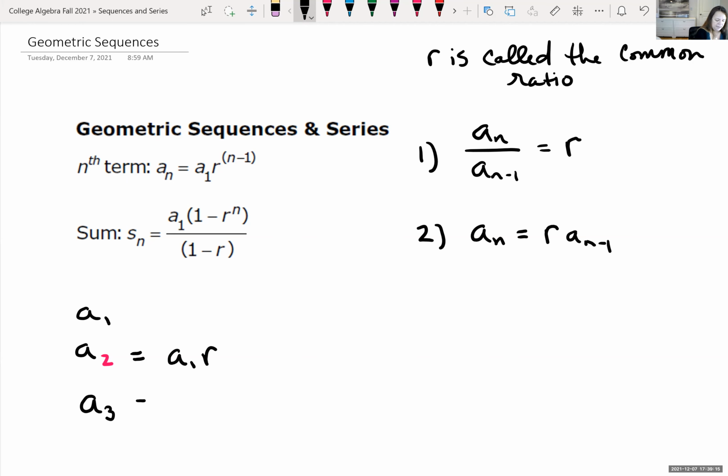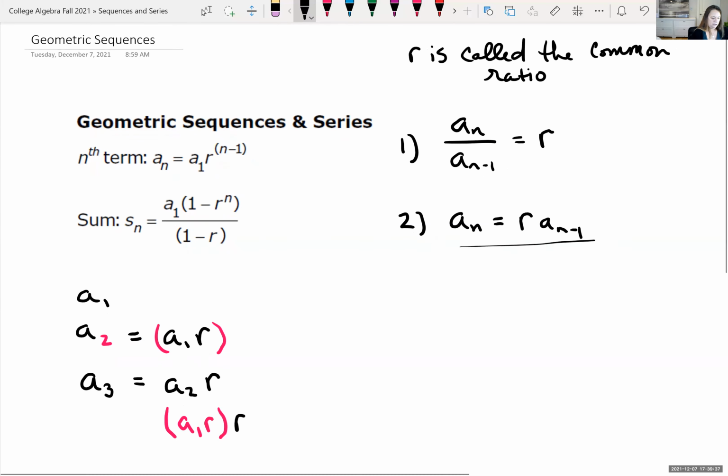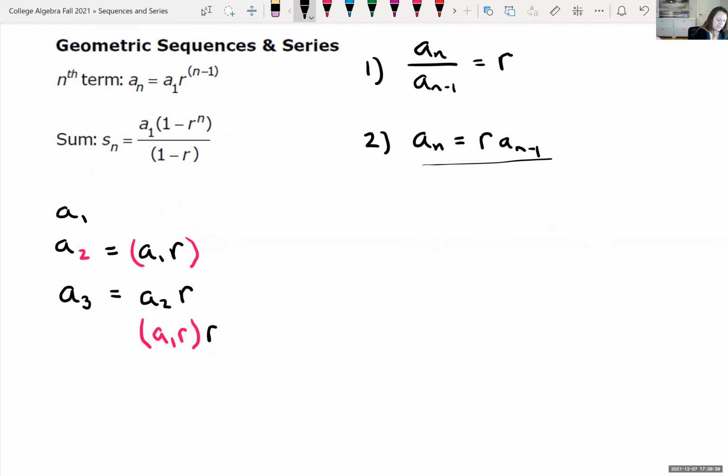A sub 3, well, that is equal to, by this formula, the term right before it, a sub 2 times r. Well, from above, we know what a sub 2 is. So let's replace a sub 2 with what we have above, a sub 1 times r, which if we simplify, is a sub 1 times r squared.